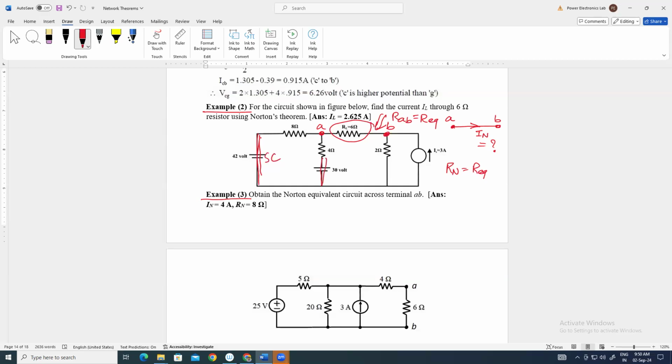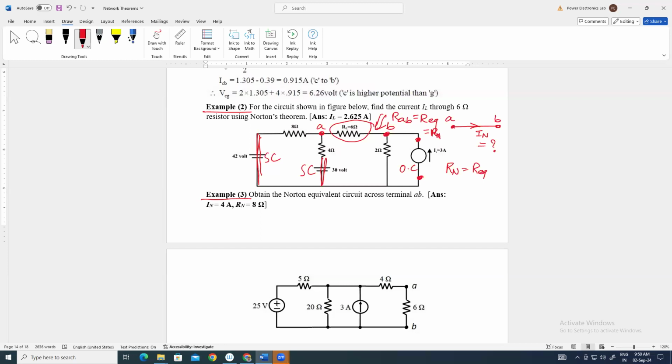This one will also be short circuited because it is an independent source, assuming ideal sources, because no internal resistance is given for these sources. And this current source will be open circuited. So we have to calculate RAB, that will be your R equivalent, and that will be Norton resistance, RN.